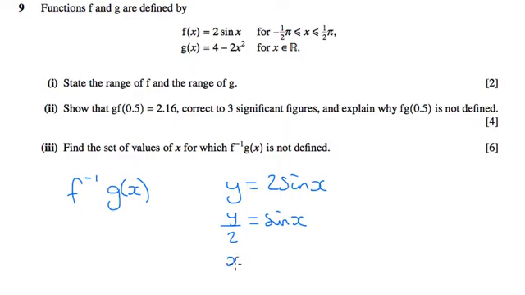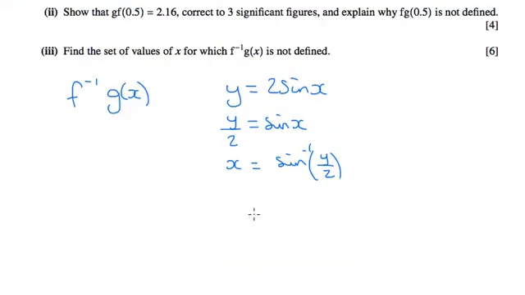So that x is the inverse sine of y over 2. And so that tells me that the inverse function f to the minus 1 of x, I'm just going to replace this y back with an x, is the inverse sine of x over 2.